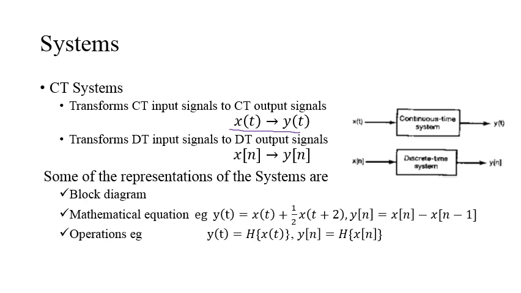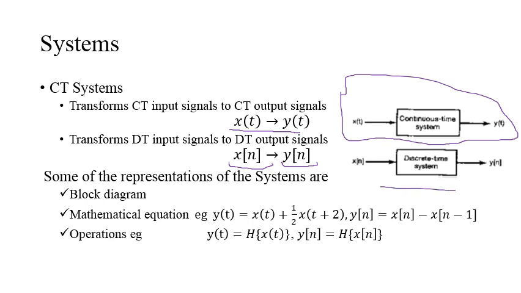For continuous time signals and systems, x of t will be the input and y of t will be the output. Similarly, for discrete time, x of n is the input and y of n is the output of the system. So here are shown two systems, one discrete time system and one continuous time system. This is the discrete time system: input is x of n and output is y of n.